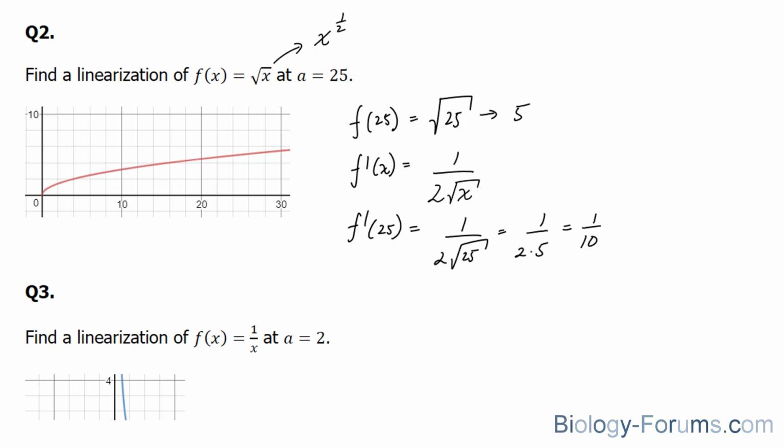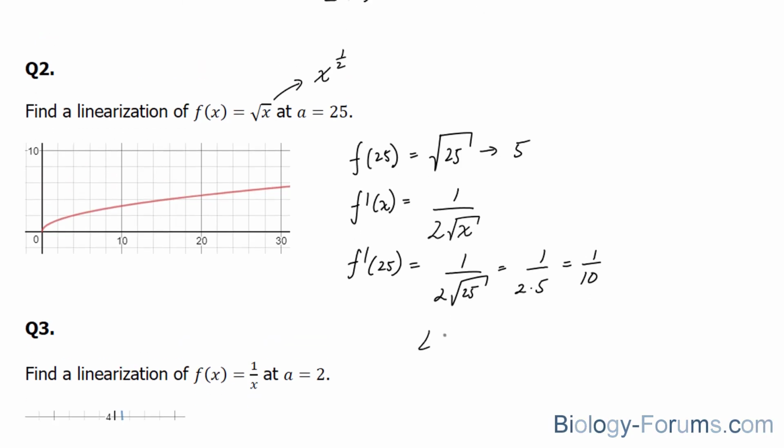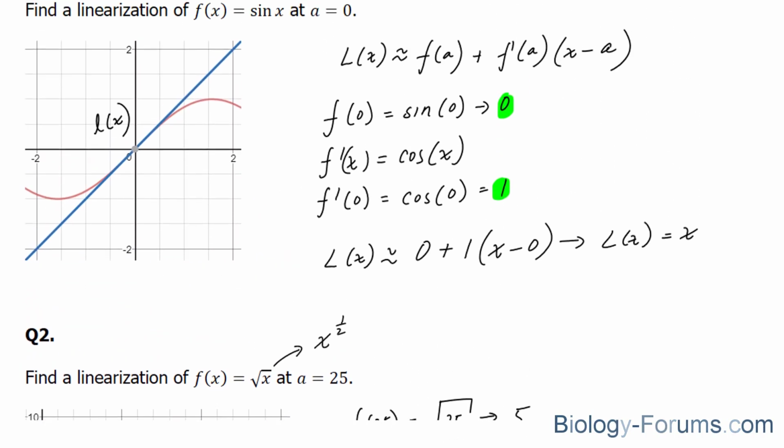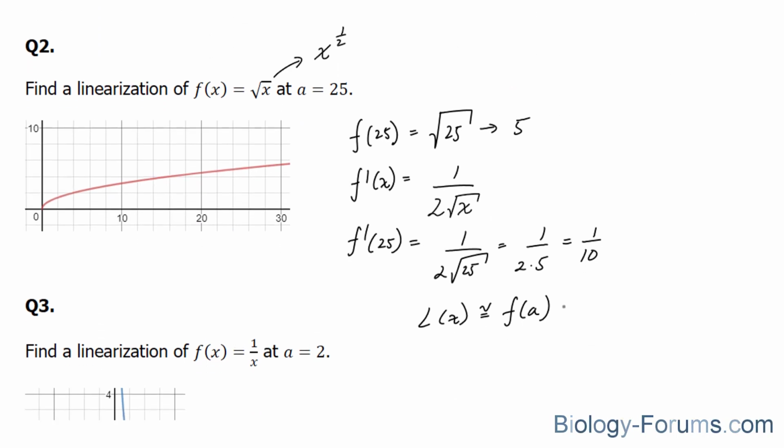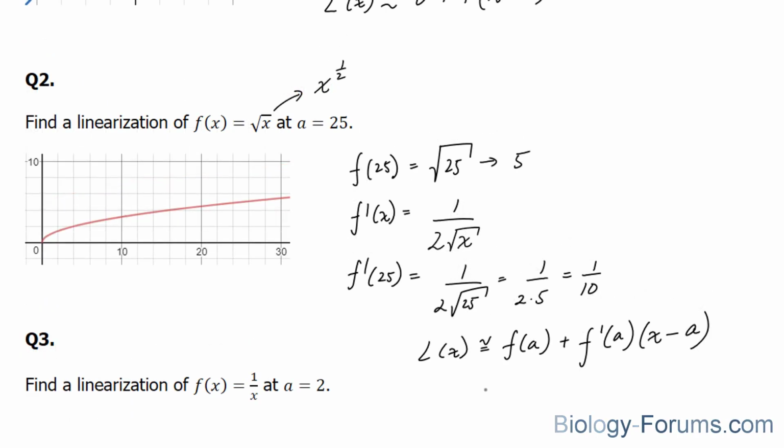We will use the linearization formula, which is L at x is approximately equal to f at a plus f prime at a times x minus a. Let's substitute what we know.